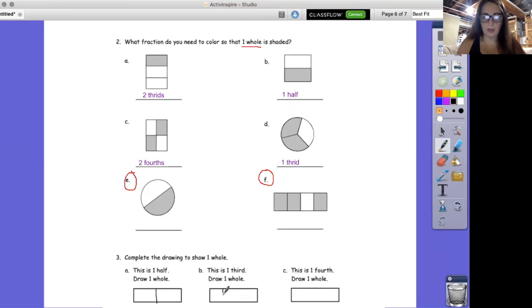Do this one in thirds. This one in fourths. I want you to shade in these 3 rectangles to show one whole. Check back in with my answers when you're all set.